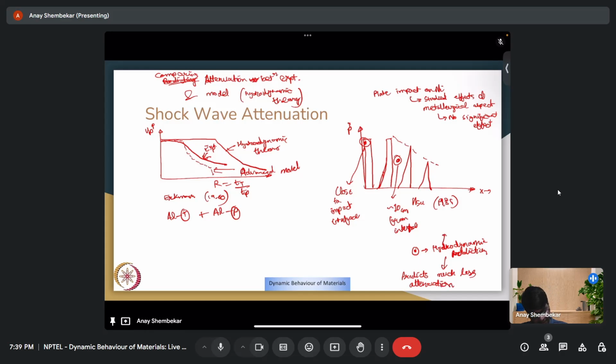It's also observed to work well near the impact interface. As we go farther and farther away from the interface, our predictions go more and more haywire.